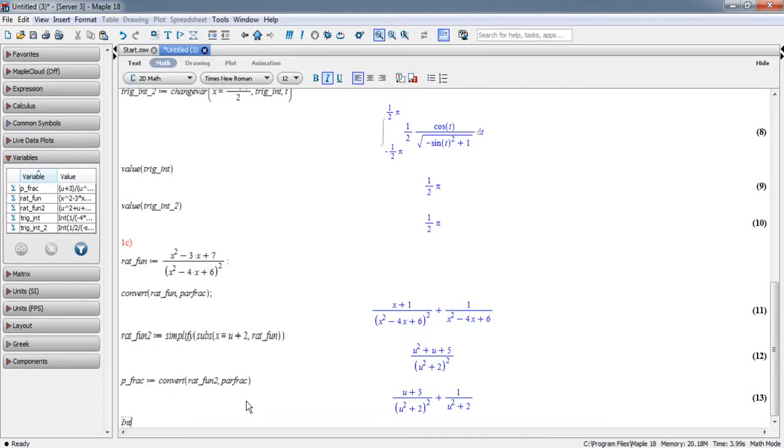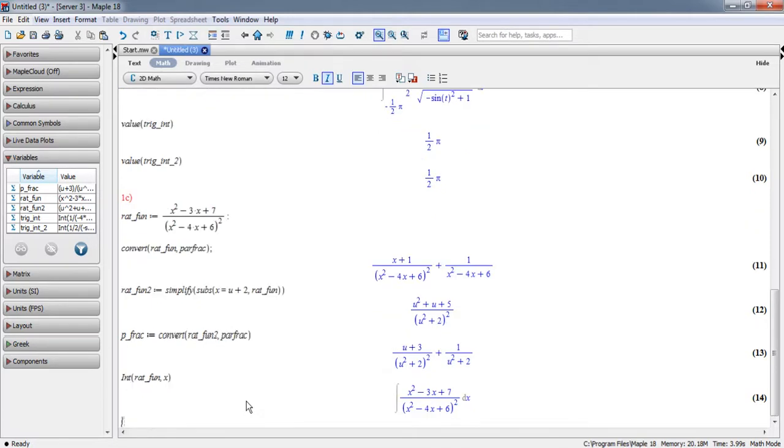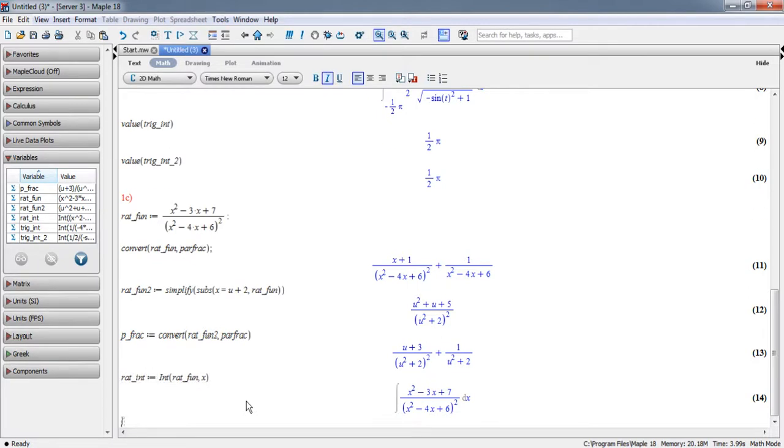Okay, I can integrate the rational function with respect to x. And let's say that that is my rational integral. And then I can integrate my partial fraction decomposition.